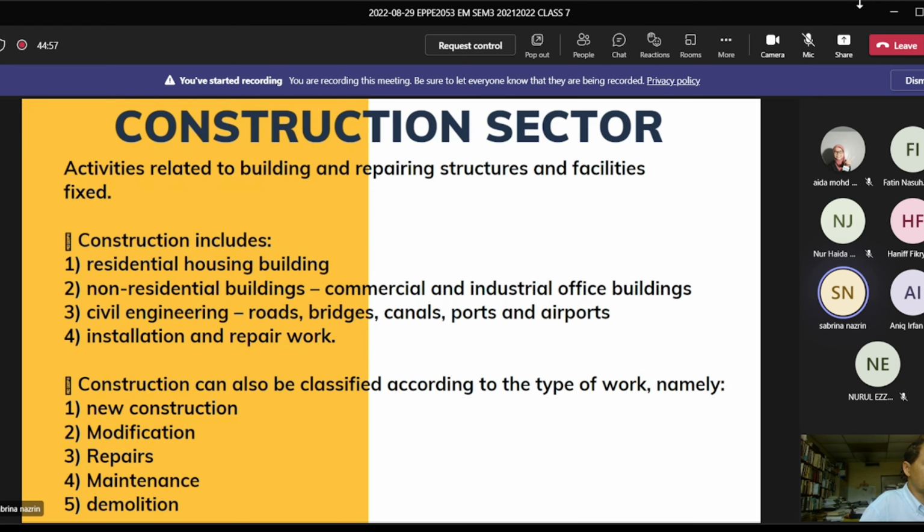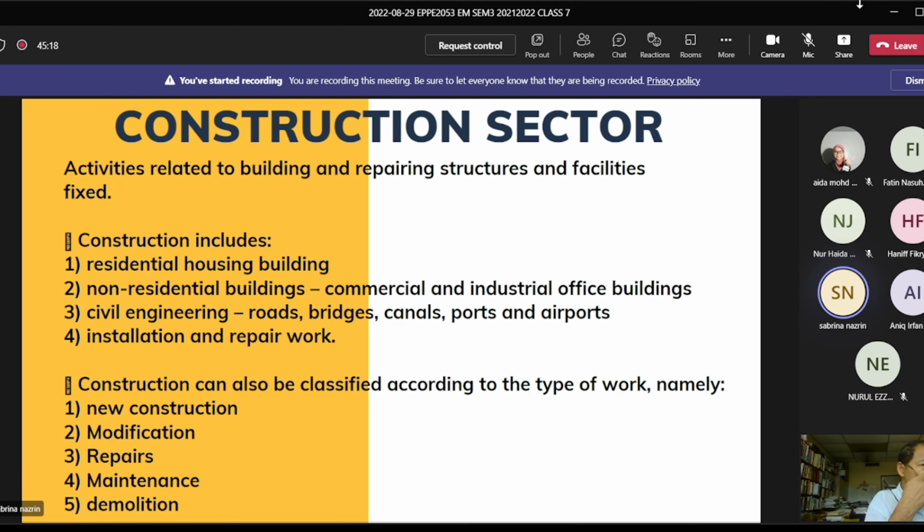Okay, construction sector. The construction sector is activity related to building and repairing structures and fixed facilities. Construction includes residential housing building, non-residential building, which is commercial and industrial office building.